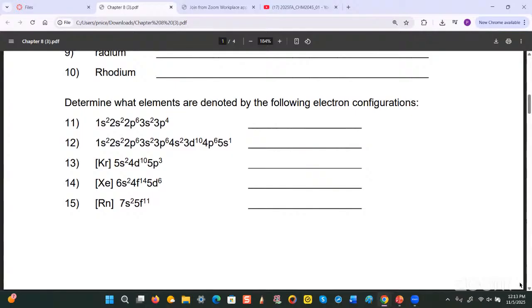So in the case of the first one, all we have to do is add the number of electrons shown. So that's 2 plus 2, 4, 10, 12, 16. So therefore, the atomic number is 16. So that matches up with what? Sulfur. Oxygen is 8.